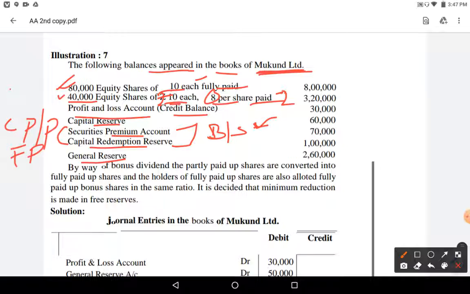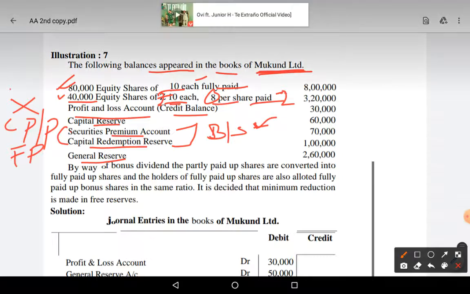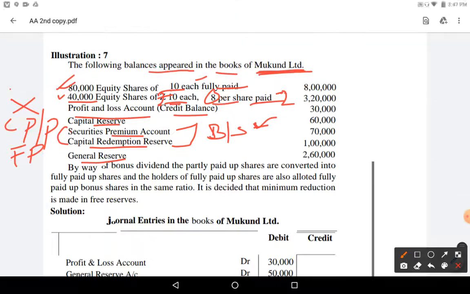For conversion purpose, securities premium and capital redemption reserve cannot be used. Please remember this. So for getting this 2 rupees on 40,000, that is 40,000 into 2 rupees, 80,000, we should not use securities premium and capital redemption reserve. We can use any other reserve.